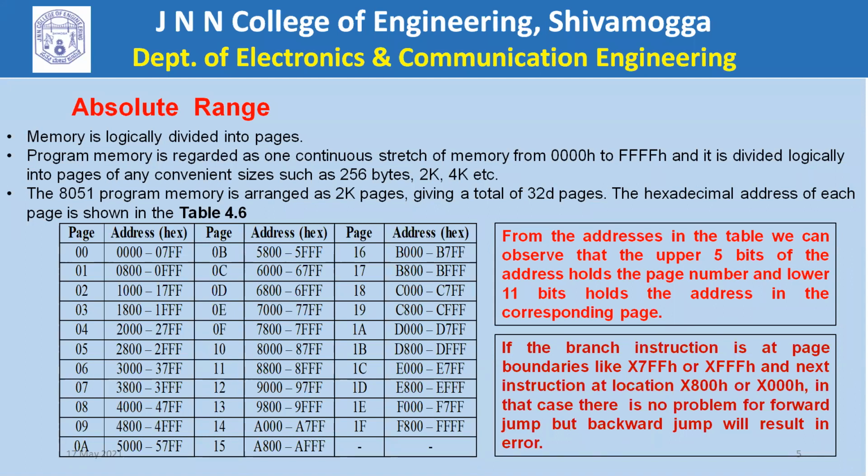In the sense, you are having 64K on-chip. You can address 64K. Each page is of 2K. How many such pages are there? 32 pages. So totally what would be the address range? 64K. The program memory 8051 can address 64K memory.